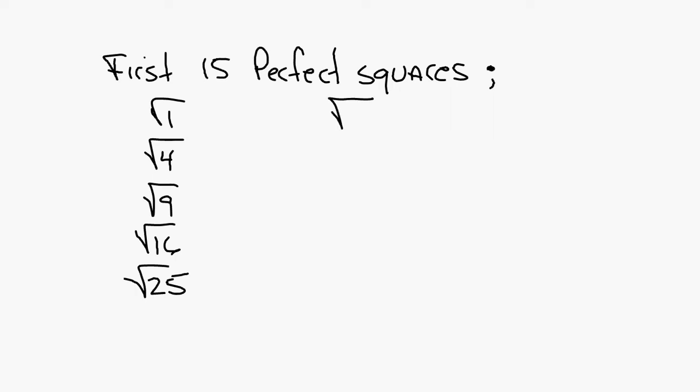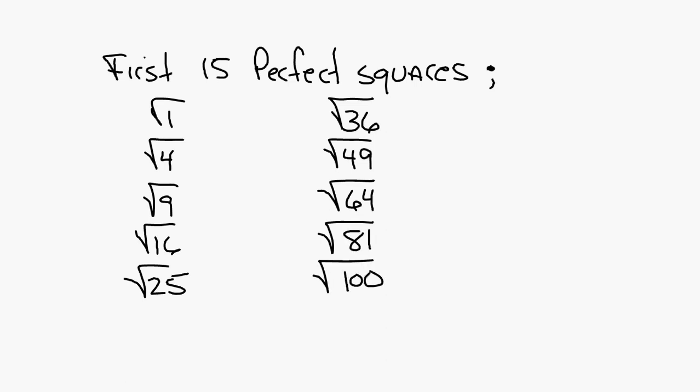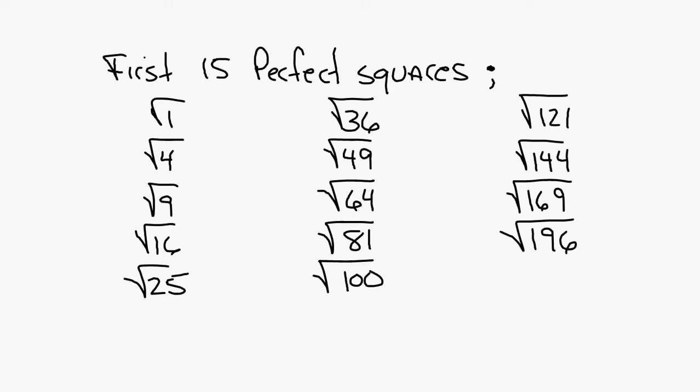The square root of 36, and then 49, 64, 81, and the square root of 100. Square root of 121, square root of 144, 169, 196, and the square root of 225.